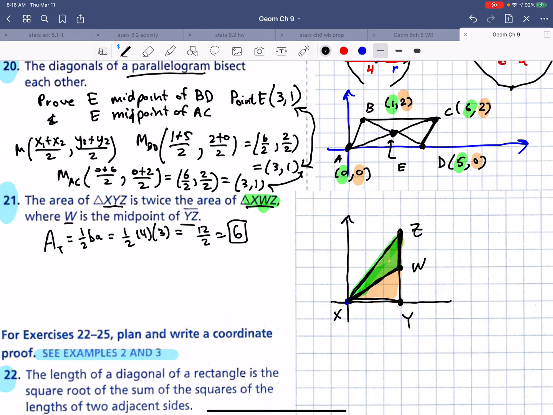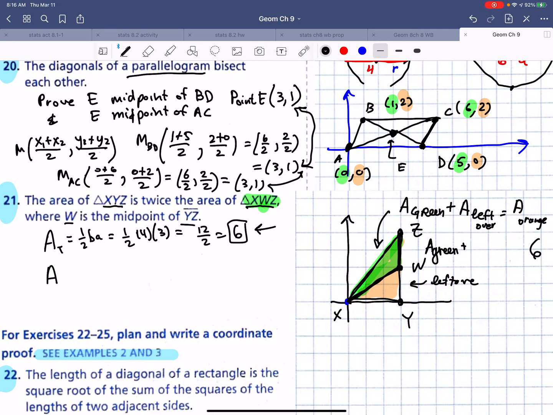Well, the area of the green triangle plus the area of this leftover has to add up to my original orange triangle, doesn't it? So my original orange triangle is 6. If I find the area of this leftover triangle, I can subtract it off to figure out the area of the green one. This is a very cool question. Okay, so what is the area of this leftover?